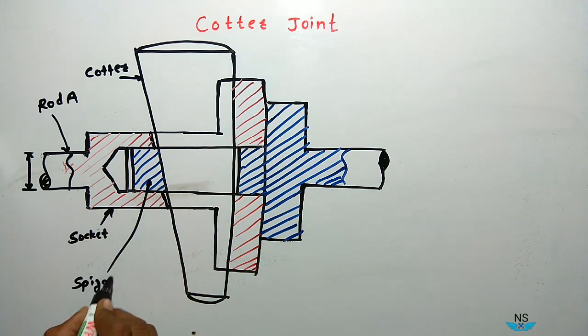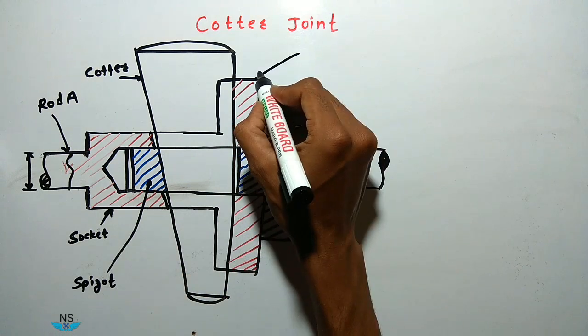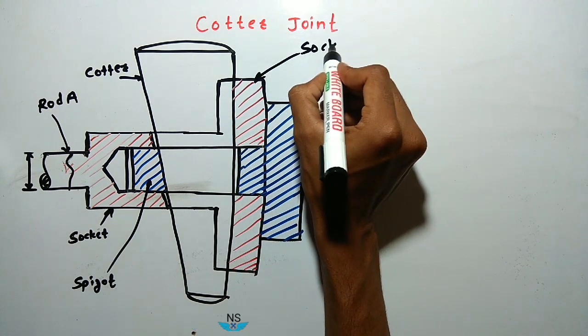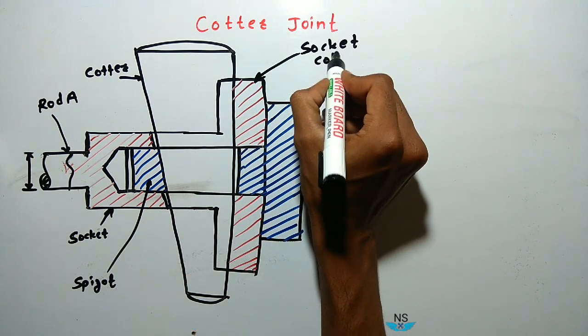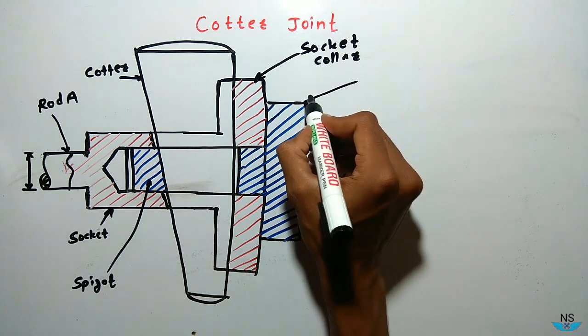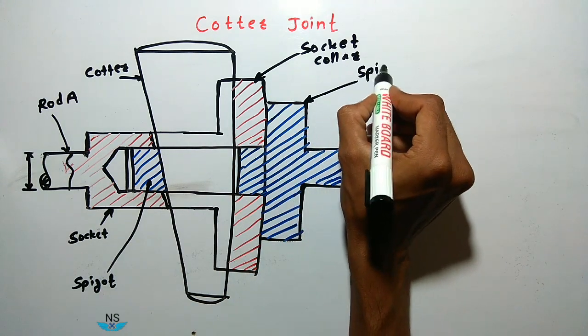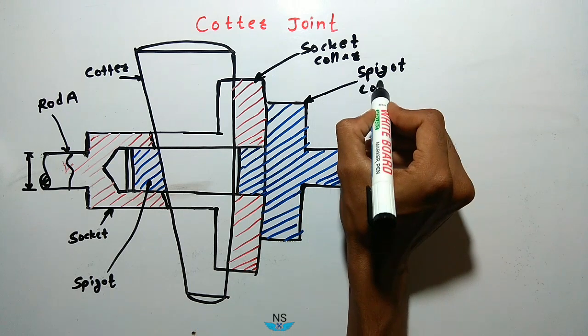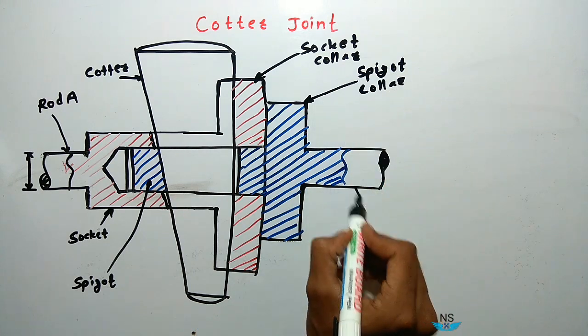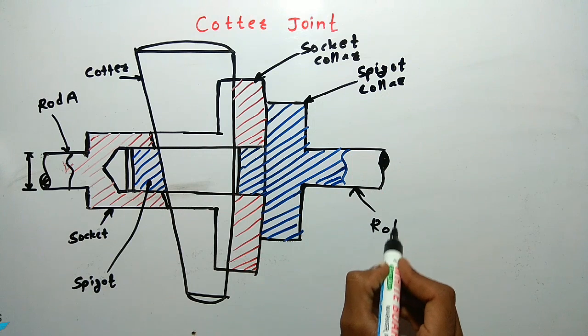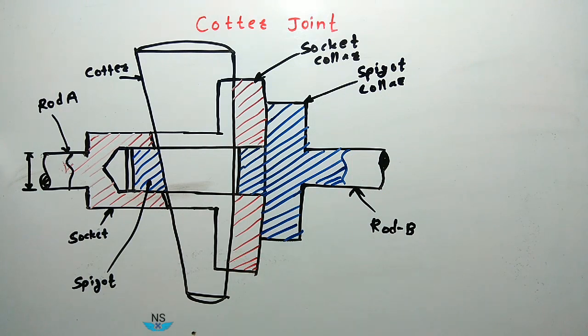This is the pivot. This is the socket collar. And this is the spigot collar. And this is rod B. Now let us see the dimensions.